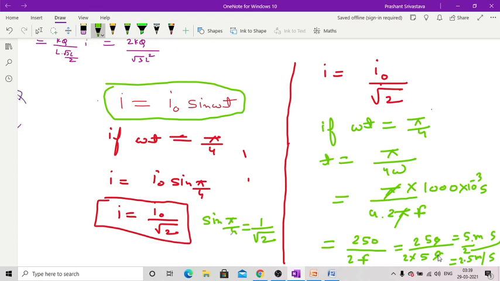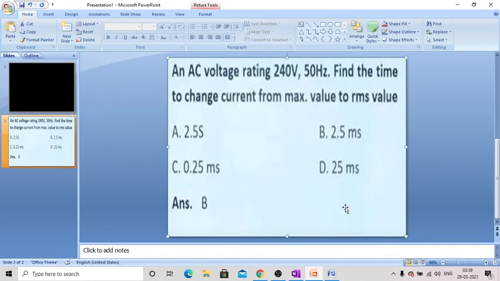You know that frequency is 50 hertz. The zeros cancel. 5 by 2 is 2.5 millisecond. This is the final answer. It means that option number B is correct, 2.5 millisecond.